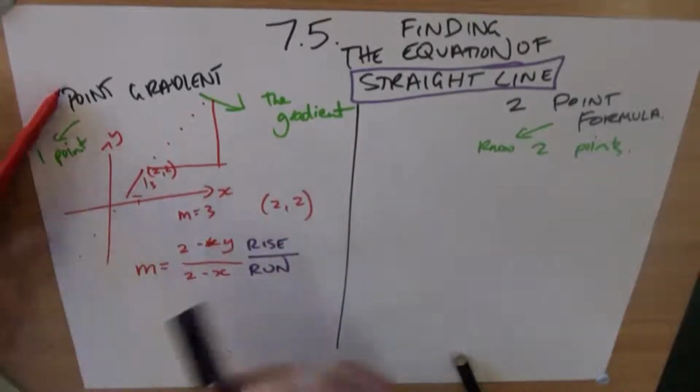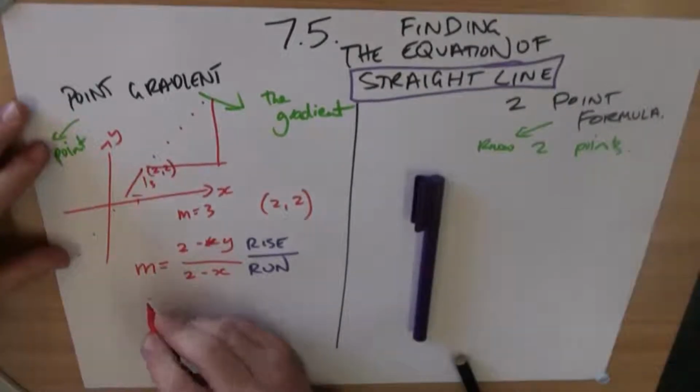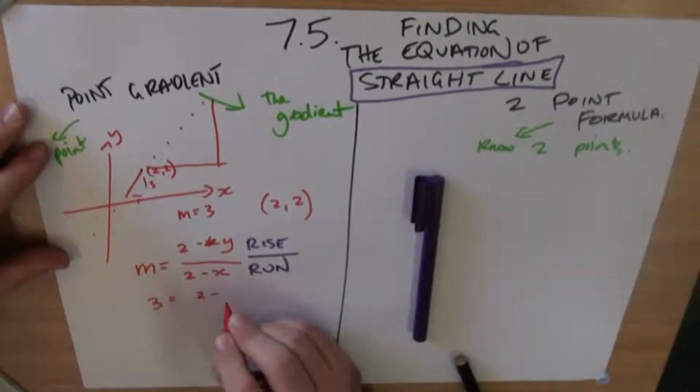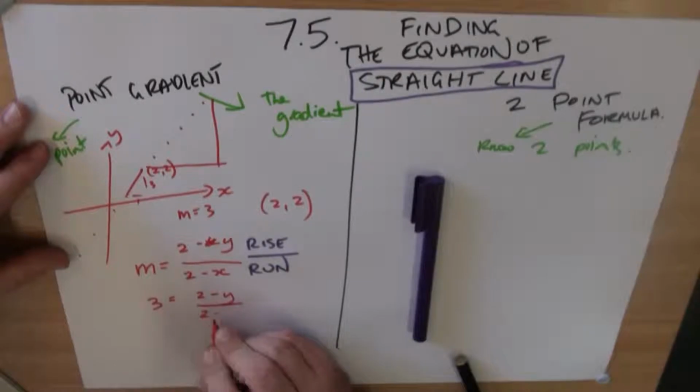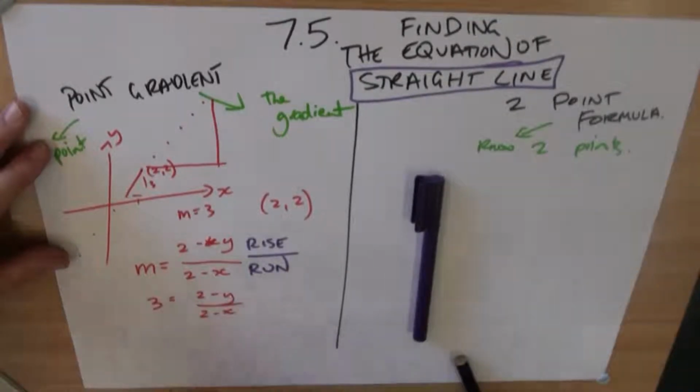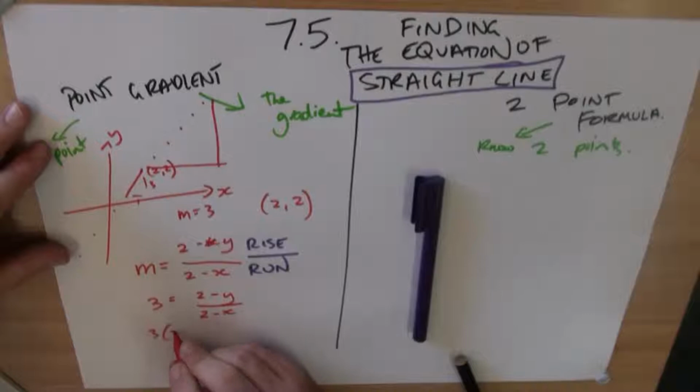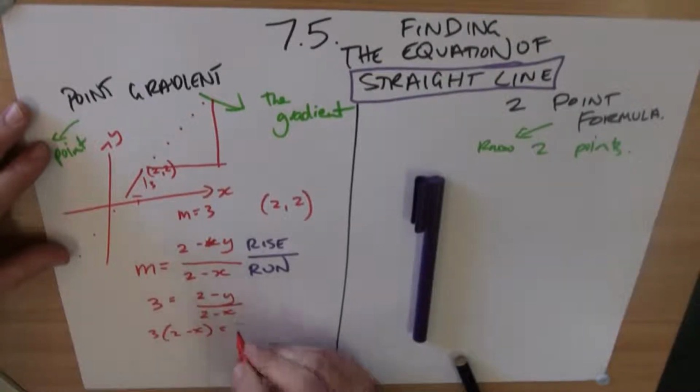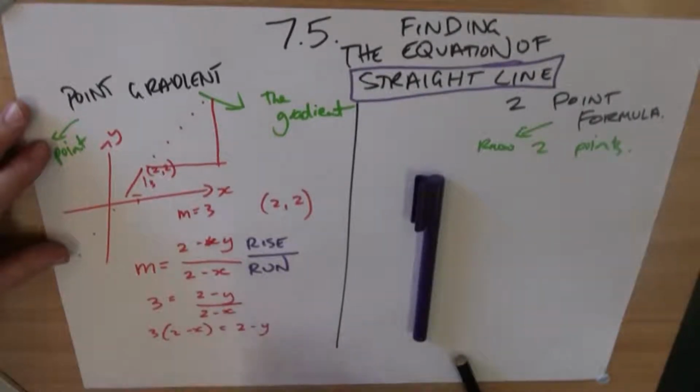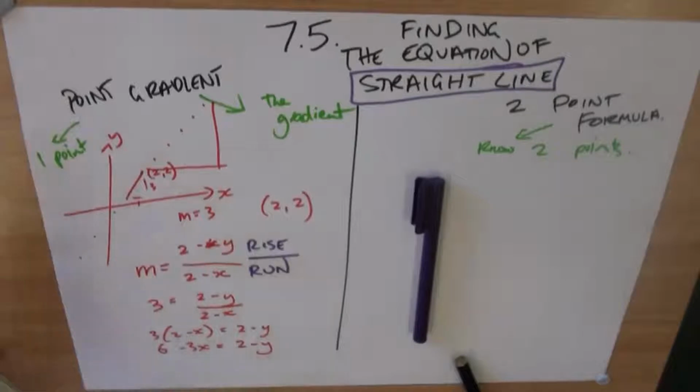Now if we were to solve this and make our m equal 3 equals 2 minus y over 2 minus x, we can expand that out and it becomes 6 minus 3x equals 2 minus y. I'm just going to rearrange this equation a little bit.